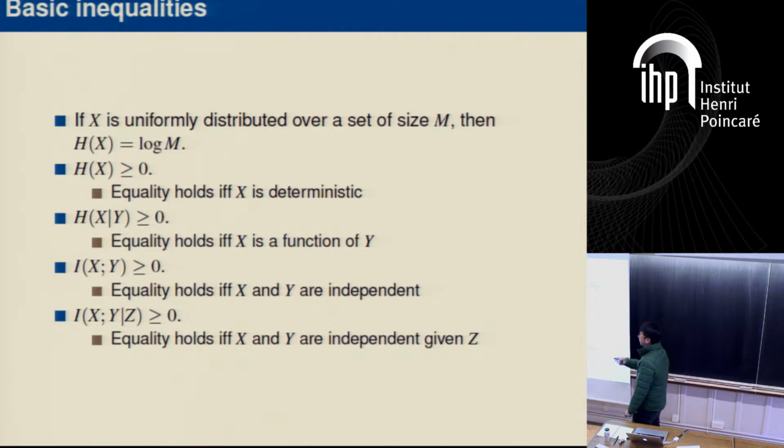When mutual information becomes 0, that corresponds to the case where X and Y are independent of each other. And when I(X;Y|Z) is 0, the conditional mutual information becomes 0, that corresponds to the case where, given Z, X and Y are independent. These are very nice features.